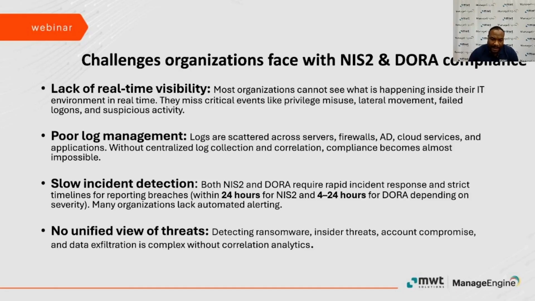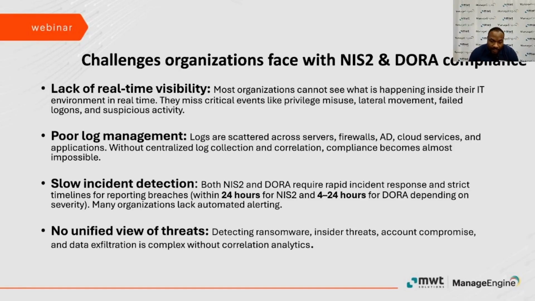And this brings us to slow incident detection. Slow incident detection is also one of the challenges that organizations are facing. And this involves problems with being unable to track the right logs, unable to see the complete visibility of your infrastructure, and also when there's an incident, unable to report this incident.